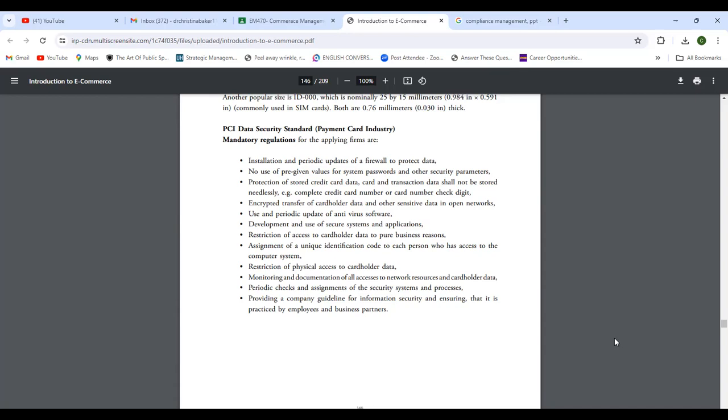And then you have encryption, transfer of cardholder data, and other sensitive data. So be really careful, because a lot of times there's sometimes cracks in the security and somebody's information gets leaked.